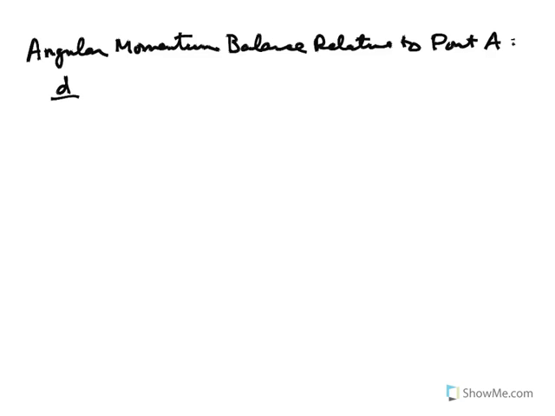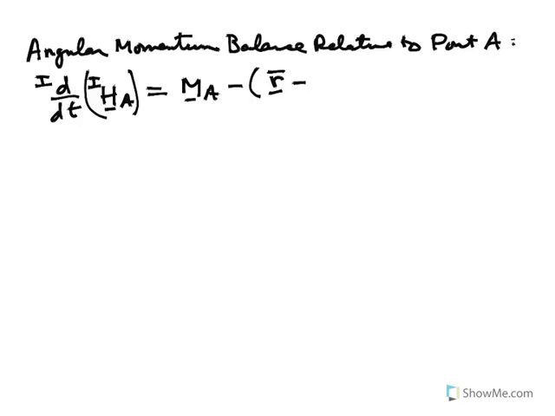It says that the rate of change in the inertial frame of the angular momentum relative to point A is equal to the moment relative to point A minus R bar minus RA crossed with M, which in this case is equal to 2M times the acceleration of A in the inertial frame. Notice that that's 2M because the mass of the system is 2M in this case. So we need to compute all these things.